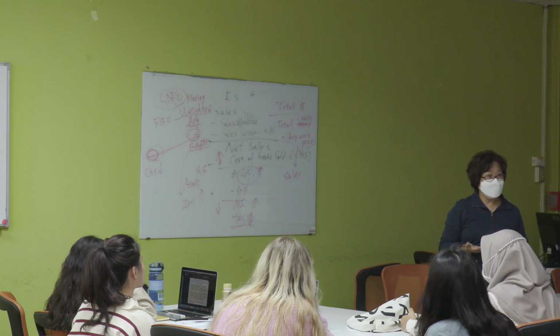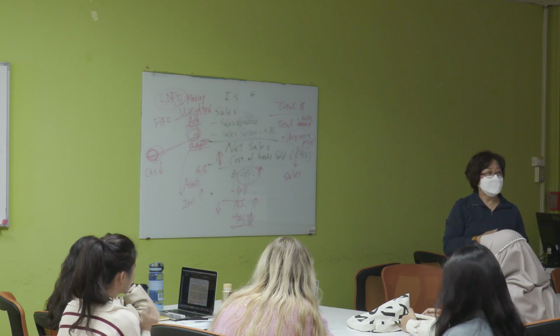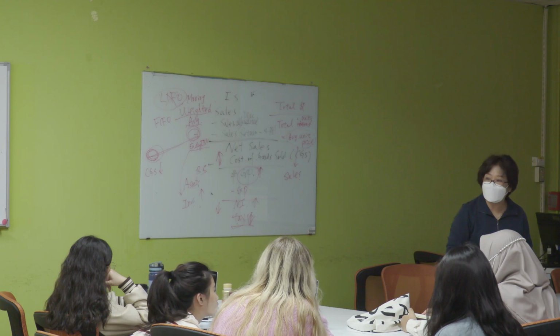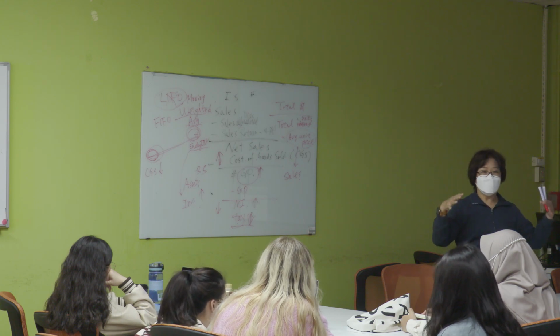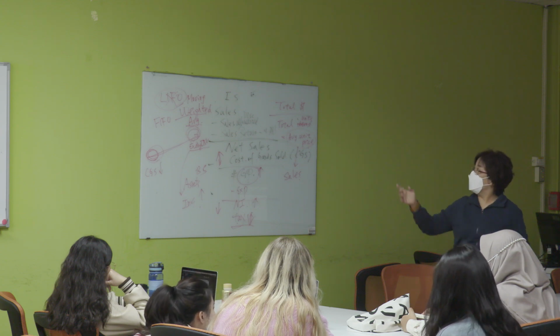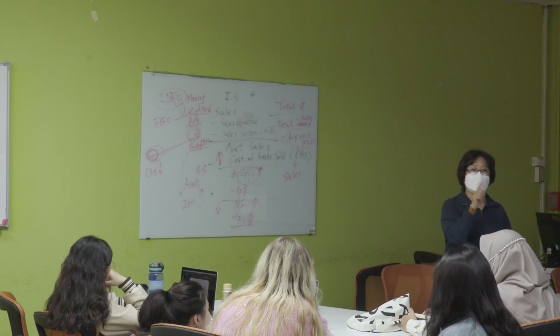What's the difference? If you are just saying weighted average, they probably added up the whole period, using a periodic system: you add up the total value and divide by total units. But when you add the word moving, it means the company is adopting the perpetual inventory system. Why?